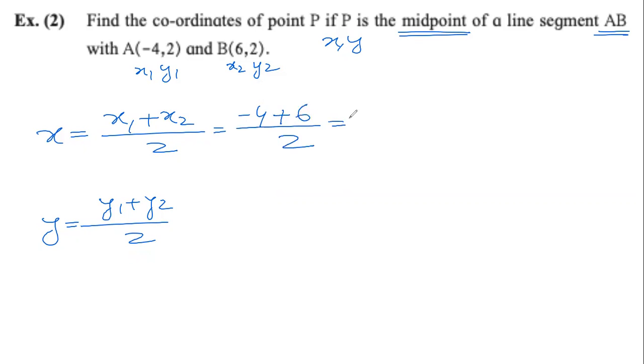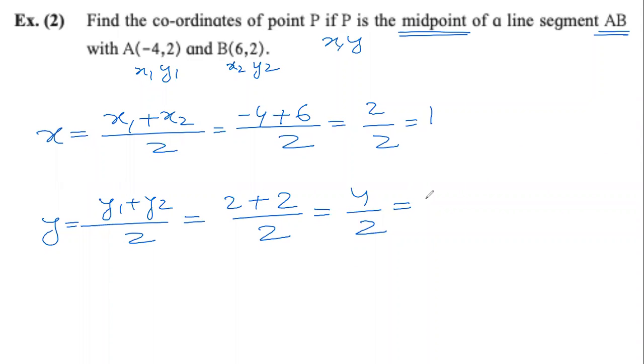Divided by 2. -4 plus 6 is 2, 2 by 2 equals 1. 2 by 2 means 2 divided by 2. Now y. How much is y1? 2. Correct. And how much is y2? Plus 2. Very good. Divided by 2. So 2 plus 2 is 4, divided by 2. 4 divided by 2 is 2. So we have found x and y. That means the coordinates of P are 1, 2.